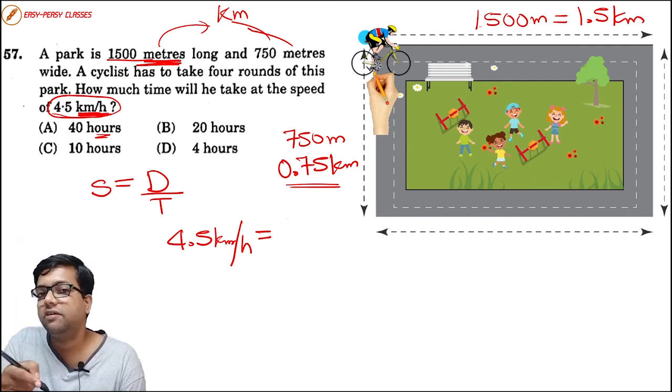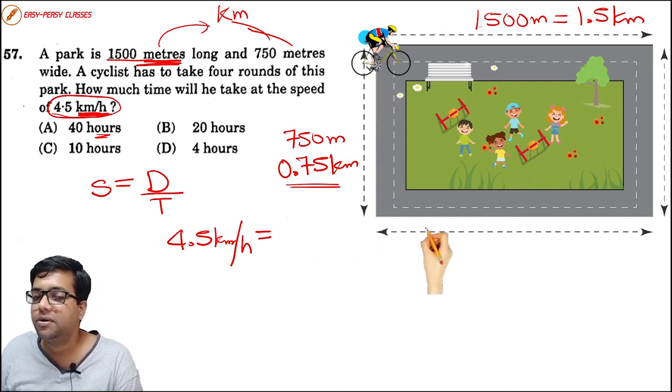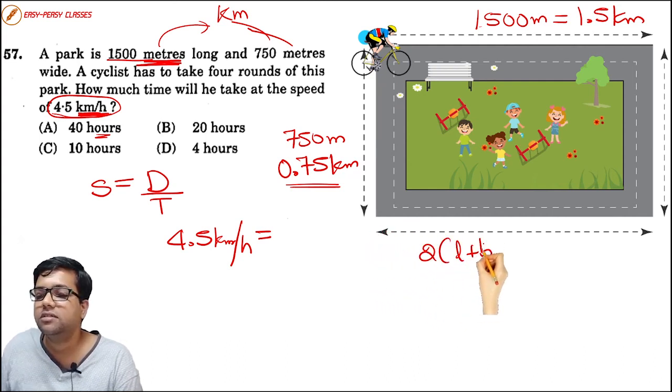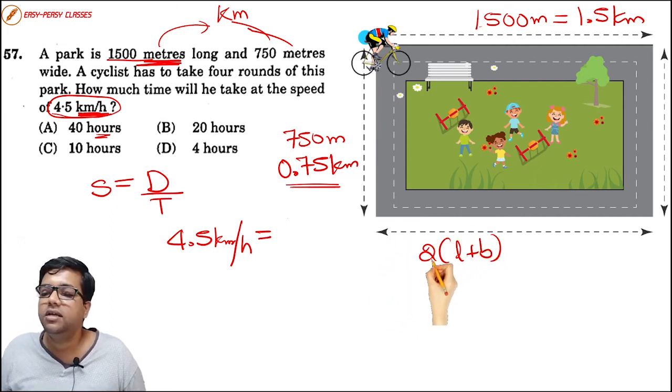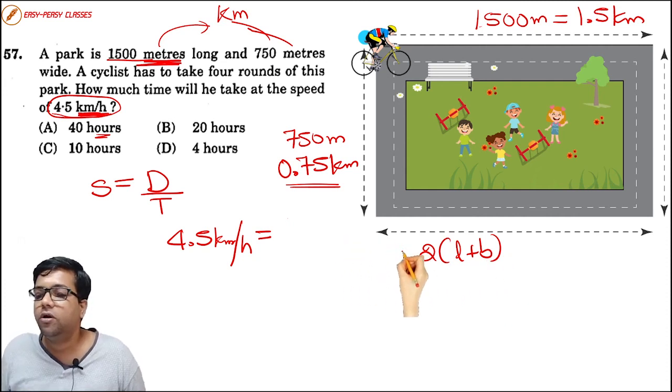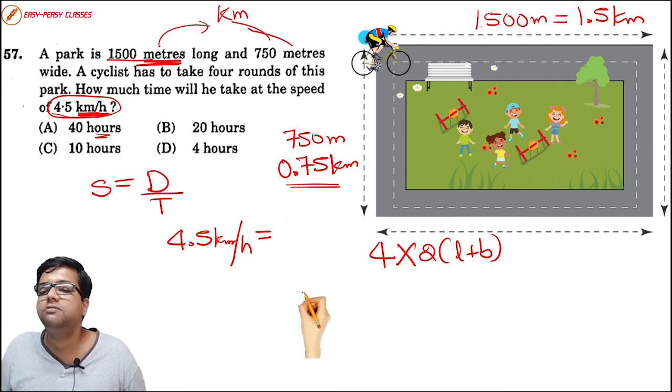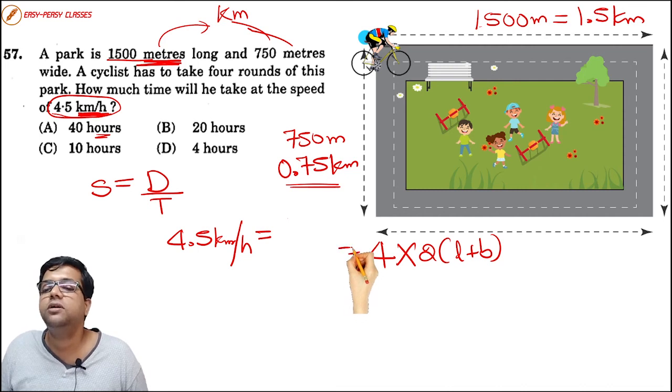What is the formula for perimeter of the rectangle? 2 into length plus breadth, right? So in order to make 1 round, he will have to travel 2 into length plus breadth of the park. In order to make 4 rounds, you will multiply this with 4. That becomes your distance.